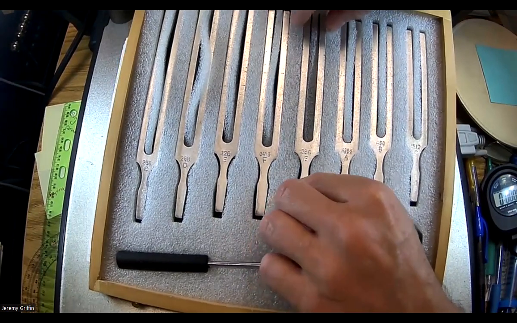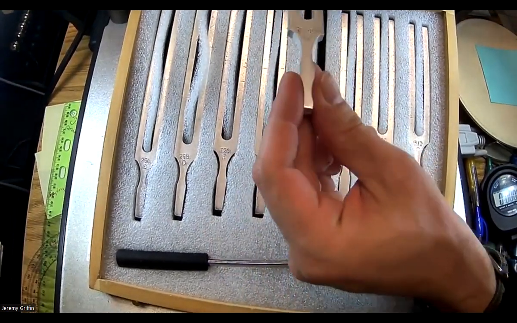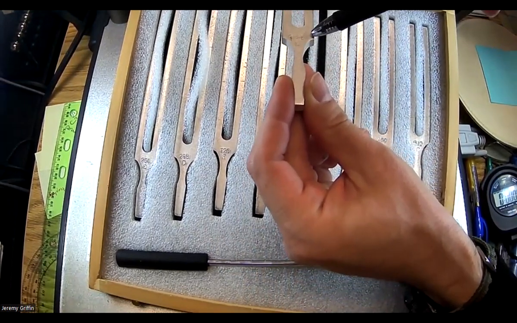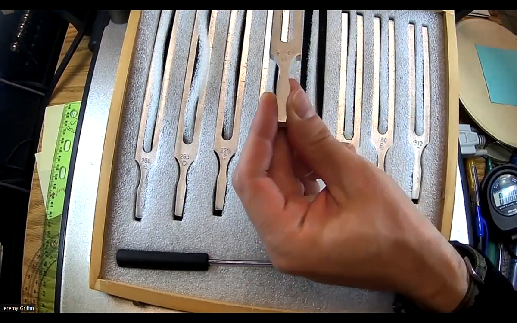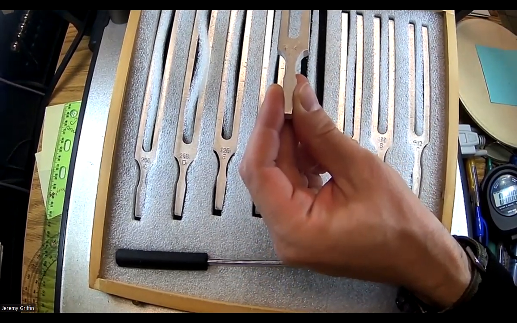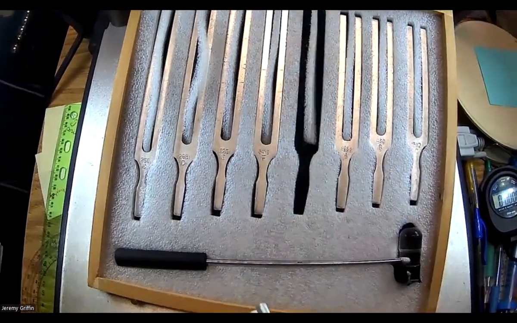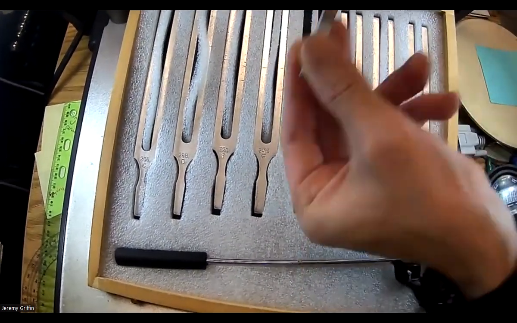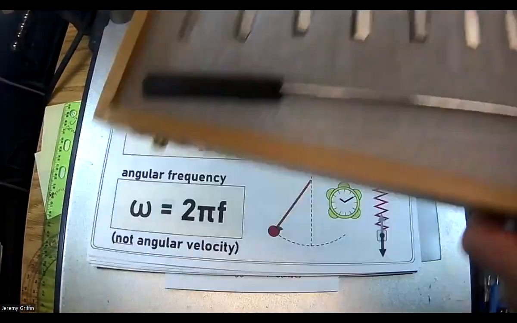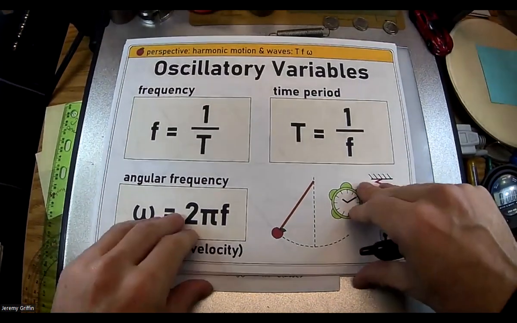So these might not exactly match instrument frequencies. But this one says 384 G. That 384 means 384 hertz. So if you had 384 beats per second, your brain wouldn't be able to pick up beats. It would sound like a hum, like a G note, according to this. That's 384 hertz right there. So we'll use those for lab.